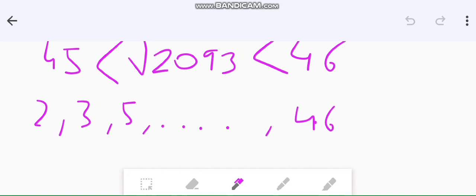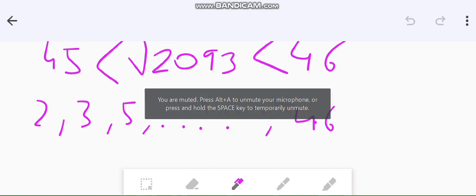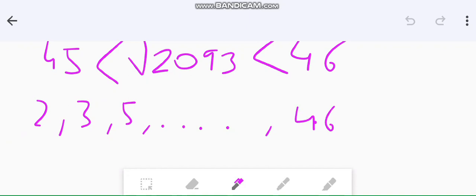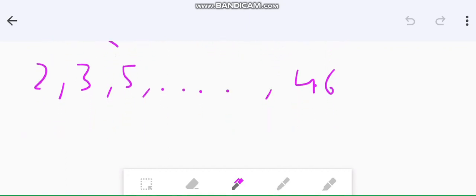So you need to see all the primes starting from the first prime, which is 2, up till 46. Up till 46, 43 is the last prime.